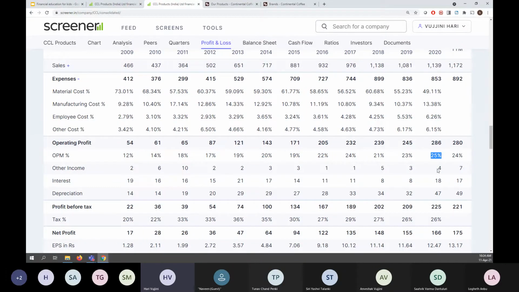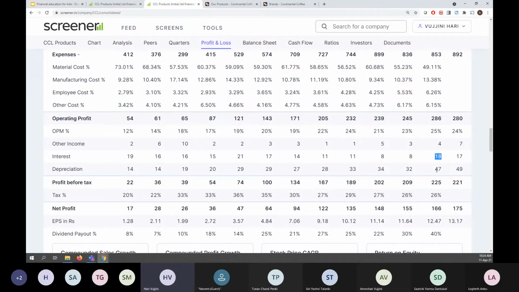Maybe they have money in the balance sheet that they put in a fixed deposit, and they are getting 4 million as other income, and also interest from some other sources. And then they have depreciation that they have to subtract. I'll talk about depreciation later, don't worry about it now. So overall, the profit they made is 225.